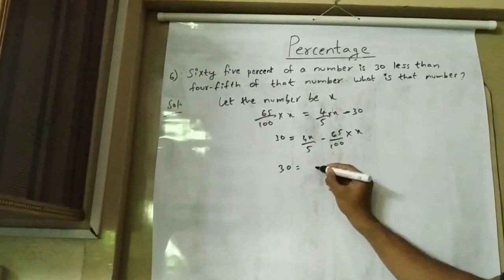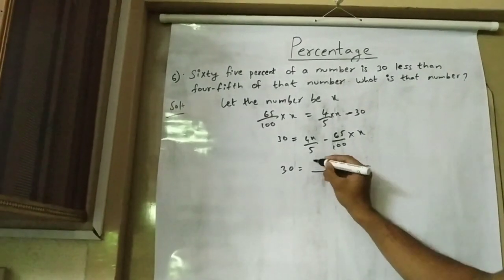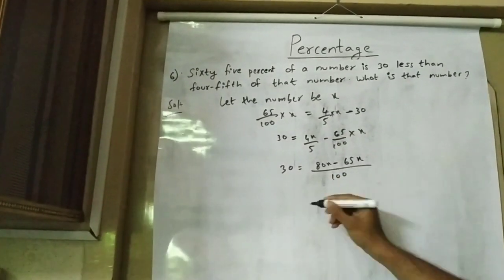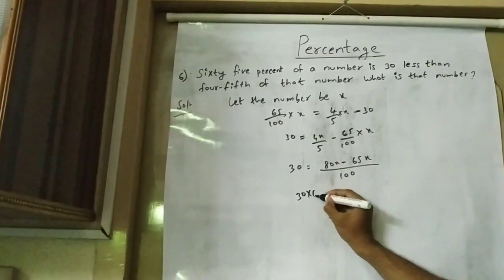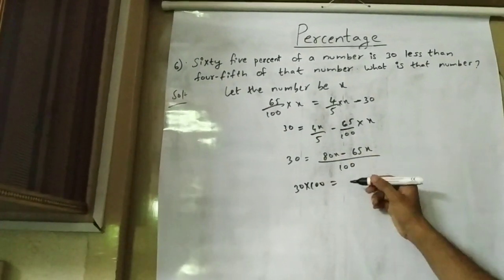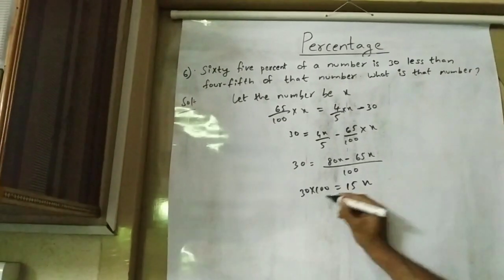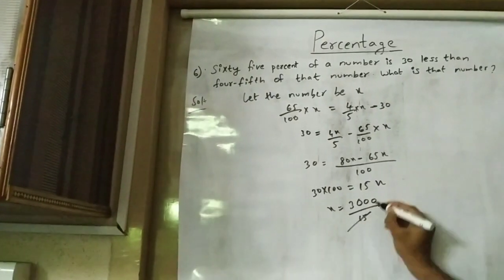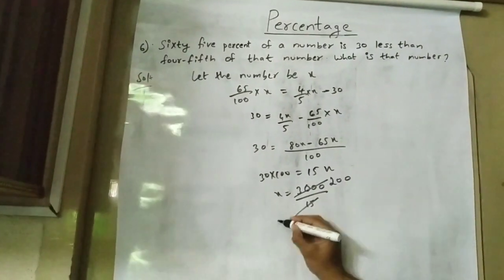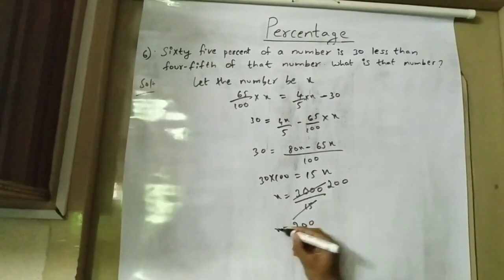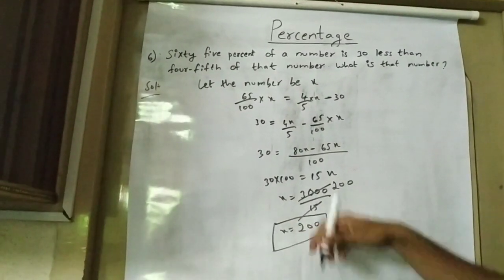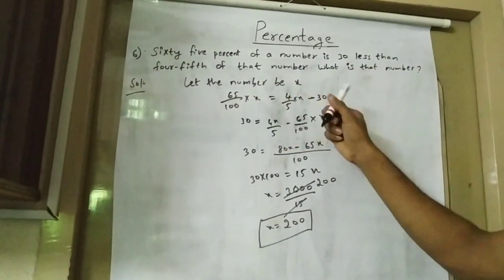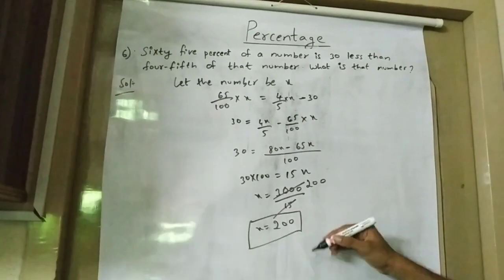So take 100 as LCM, 5 20s are 100, so 20 into 4, 80x minus 65x is equal to 30 into 100. 80 minus 65, 15x. So x is equal to 30 into 100, 3000 by 15, 15 20s are 300, so 200. So the unknown number is 200. So for these types of questions, we have to understand the question and write down the equation correctly. Then we can solve the problem very easily.